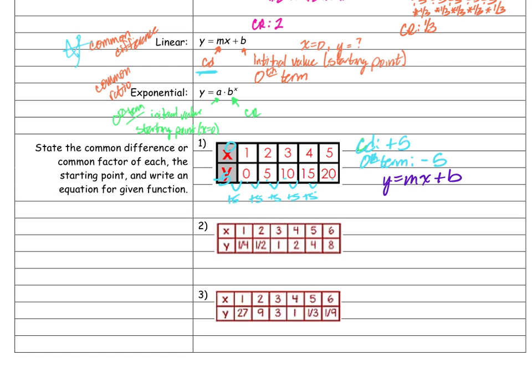So wherever there's an m, I'm going to put my common difference. Wherever there's a b, I'm going to put my 0th term, and I'm done. That's it. So it's just going to be y equals 5x minus 5. Done. Once I find my 0th term and my common difference, the equation is finished. I just have to fill in.